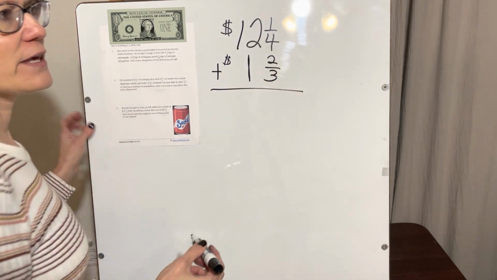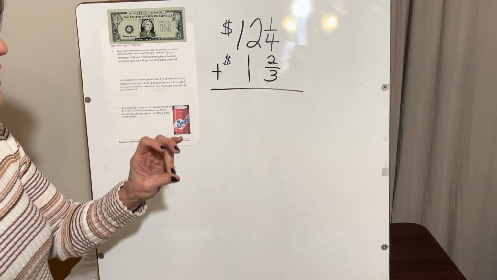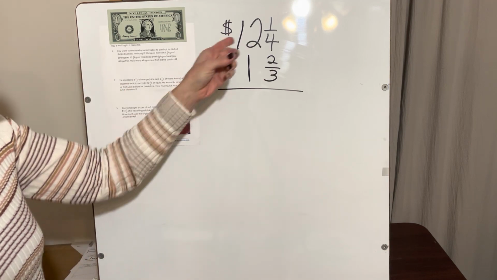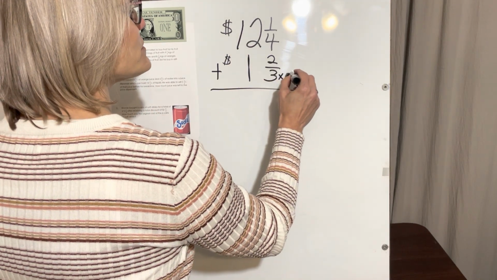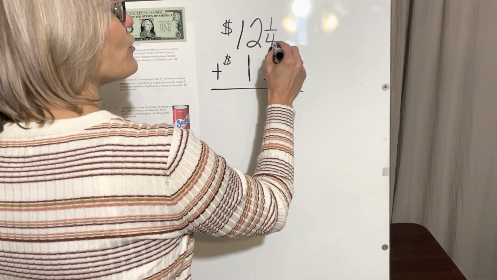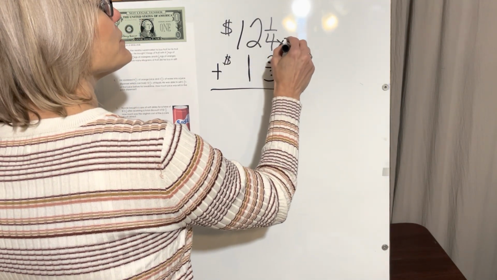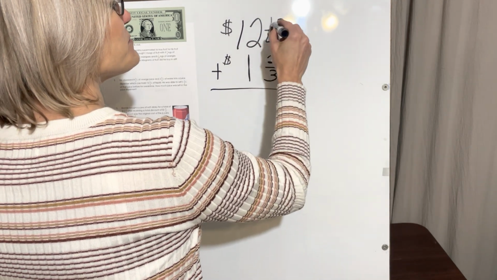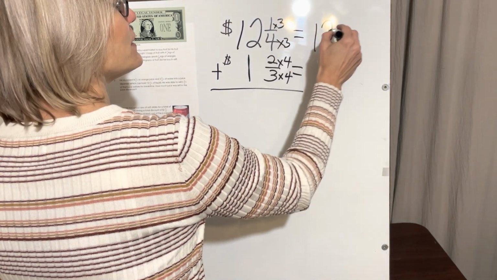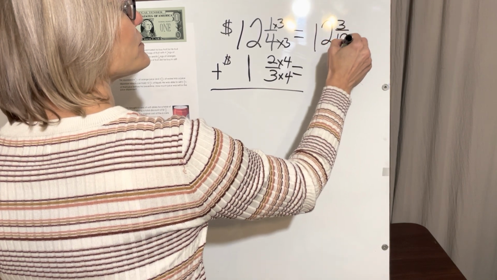So I know when I'm counting by threes, 3, 6, 9, 12. When I count by fours, I get 12 too. So I count by threes 4 times to get 12. I count by fours 3 times to get 12. All right. So this gives me $12 3/12.